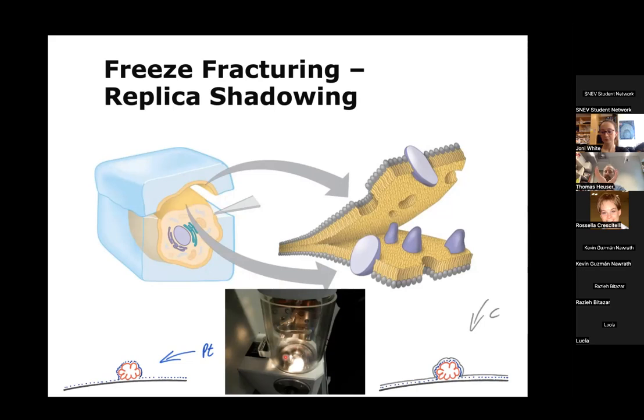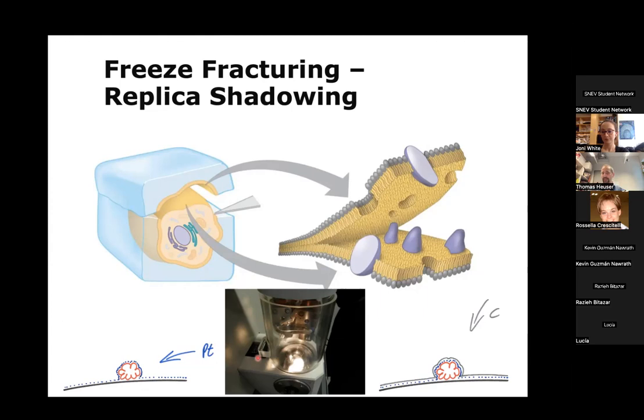What we're looking at now is not the biological sample anymore, but the metal imprint that we have generated by depositing this heavy metal on top of our sample. This heavy metal imprint is called a replica.